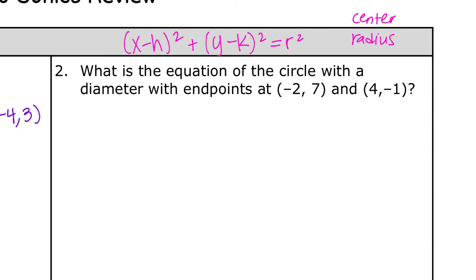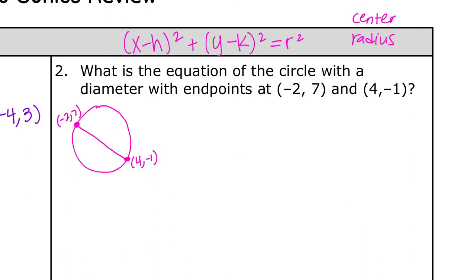So they give us the endpoints of the diameter. So if you picture this in your head, here's our circle. They gave us this point, negative 2, 7, and this point here, positive 4, negative 1, and that's the diameter of the circle.